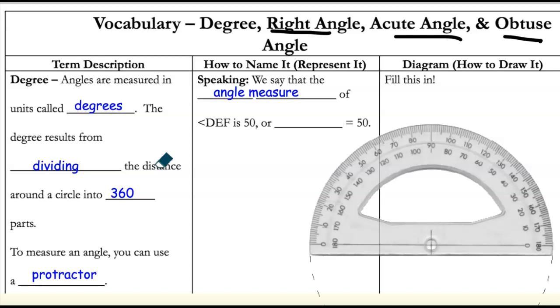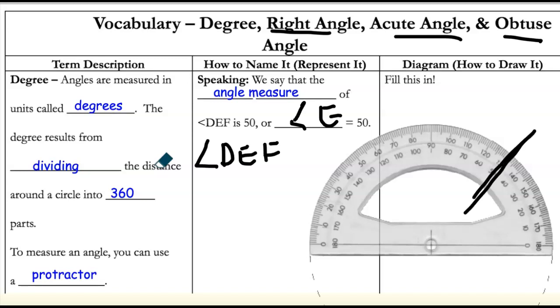So when we talk about angle measure, we have a little symbol. This one actually is kind of tilted wrong, but it's angle DEF is 50 degrees, or we could say angle just E equals 50 degrees, so we would have a picture something like this.